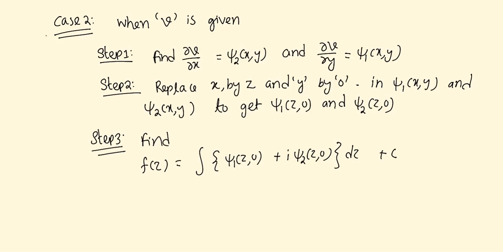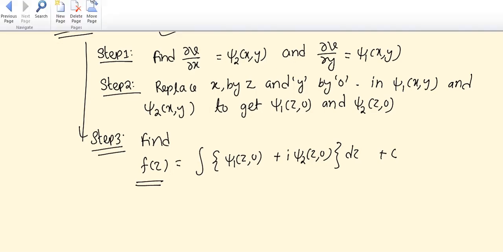So if v is given, then in this procedure we can find the complex function in terms of z. So this is case 2, and by using this case we can also solve some problems.